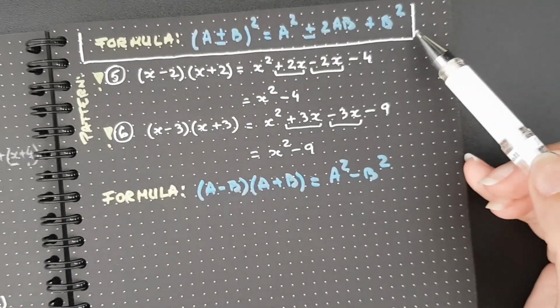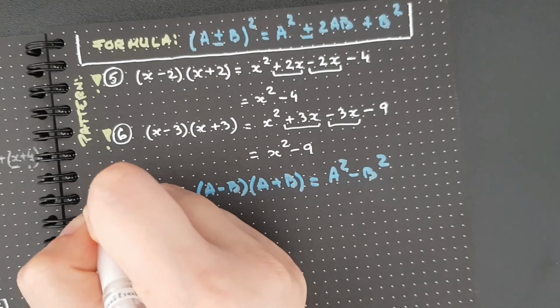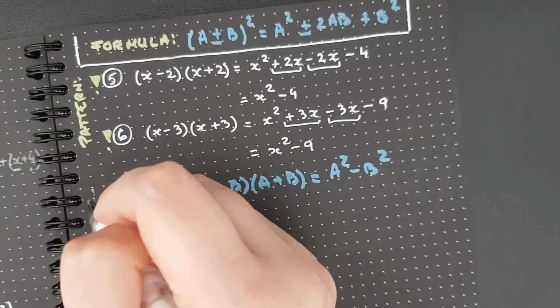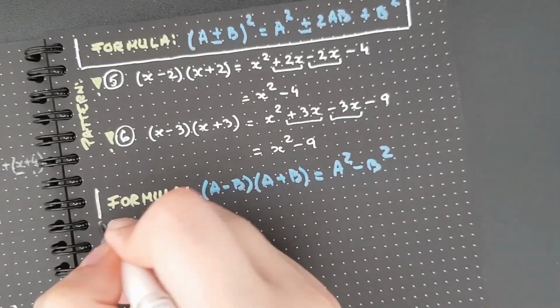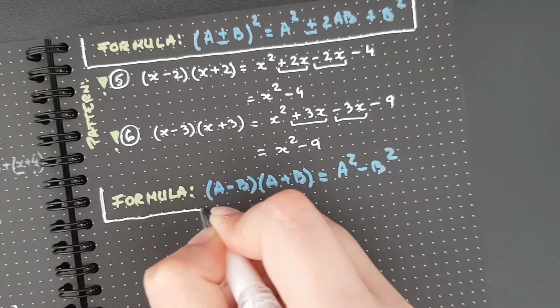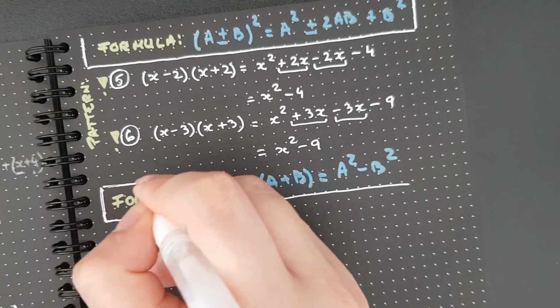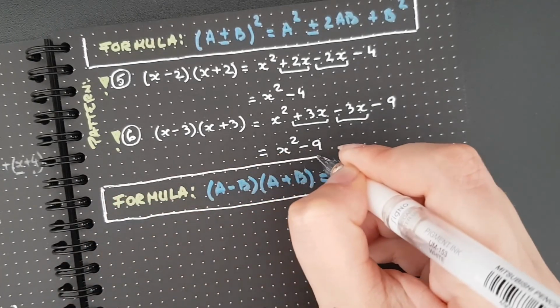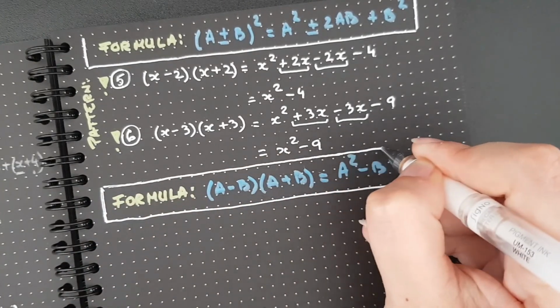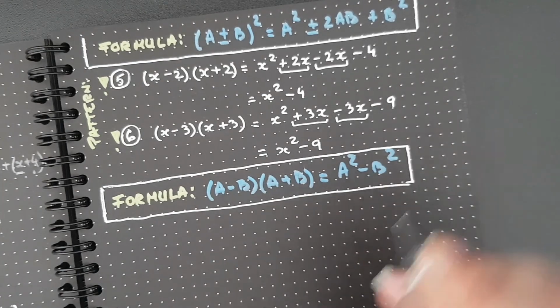So you have to actually prove that this works every single time. And the way we prove that it works for any numbers is we actually use letters that represent numbers, and we check that it works for any letter.